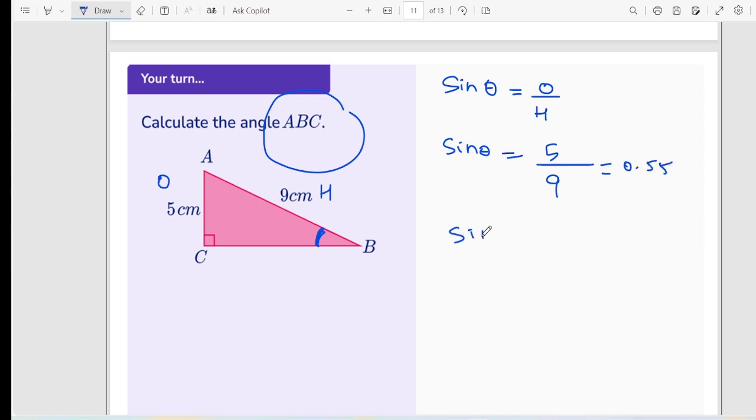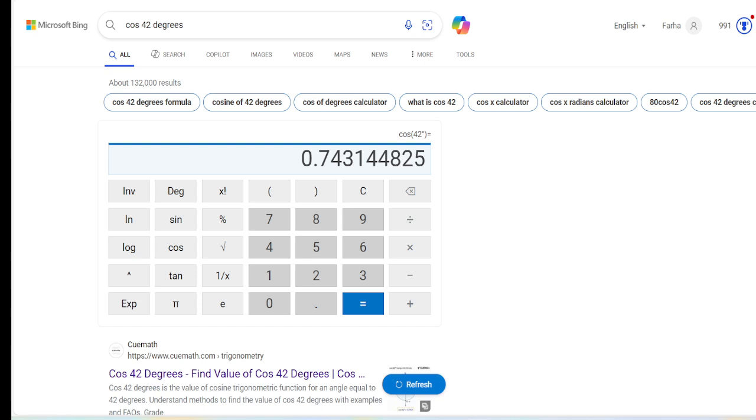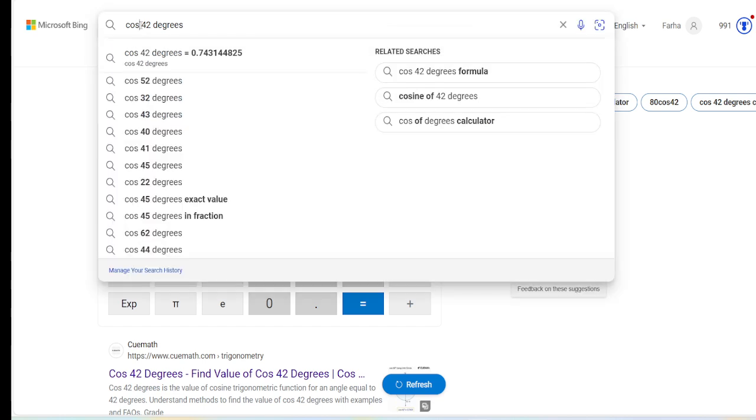So I got sine theta, which is 0.55. Now I have to find this angle, which I am denoting with theta. So I just need theta, not sine theta. If I take this sine to the other side, it will become sine inverse. This is how we write sine inverse, minus 1, 0.55. So sine inverse 0.55.